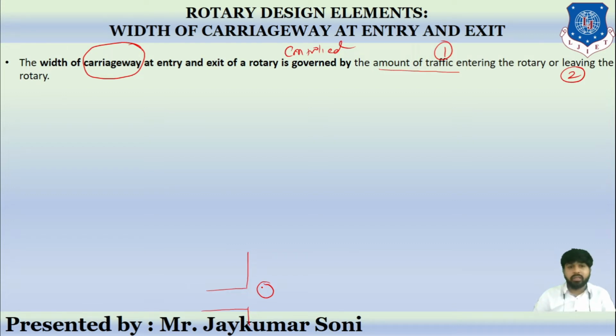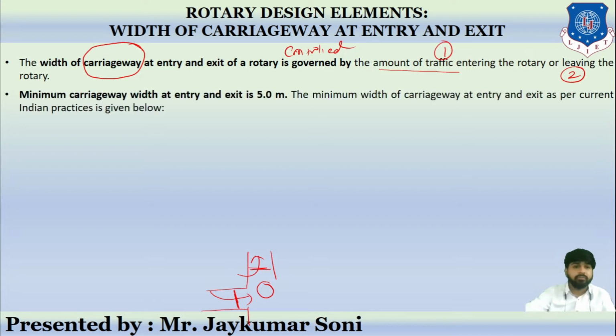If this is the rotary, then the width of this carriageway will depend upon the amount of traffic entering the rotary and the amount of traffic leaving it. The minimum carriageway width at the entry and exit is 5 meters. So this carriageway should be a minimum of 5 meters.